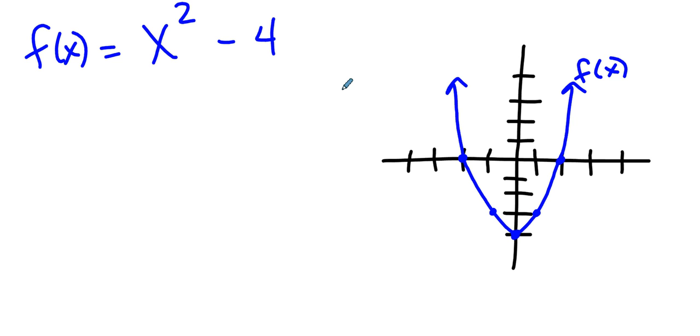And then I also want to label it. All right, so looking at this equation, can we try to figure out what the inverse would be from the equation? Well, we're going to change f of x to y, and then we're going to try to get x by itself.